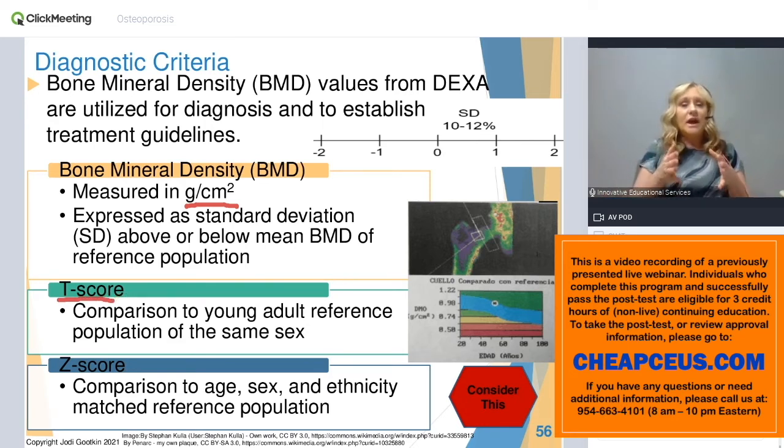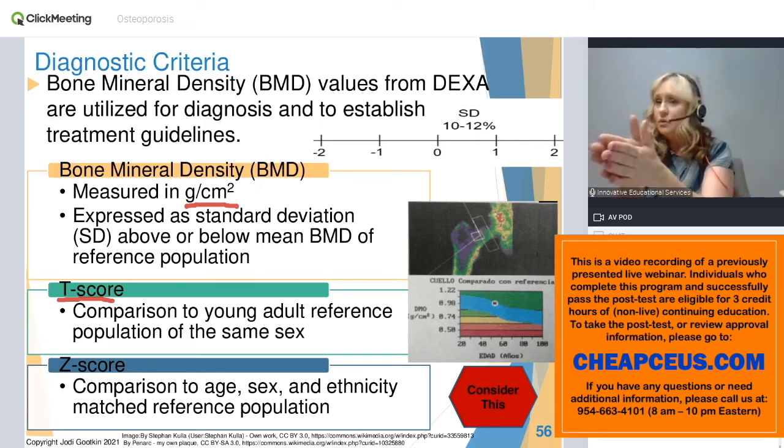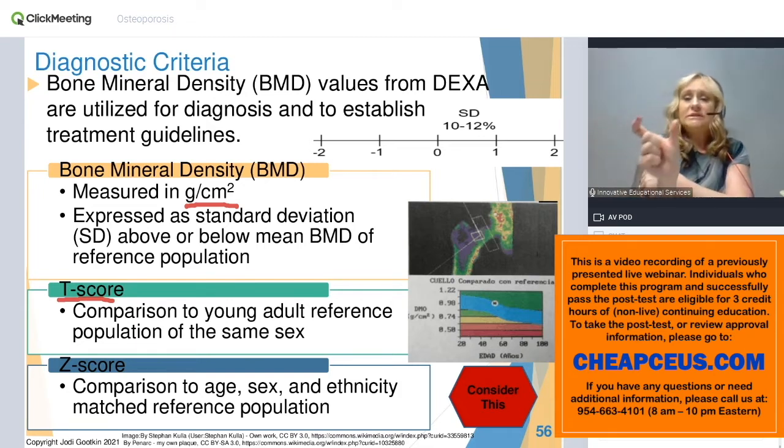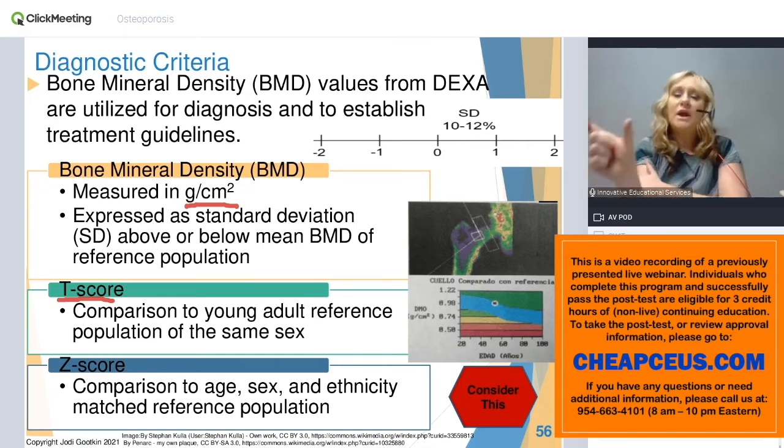They're going to look at comparison of the individual's bone scan. So if I went for my bone scan, they're going to compare my bone density to an average female who's 30 years old. And they're going to look at how many standard deviations my density is away from that reference range.